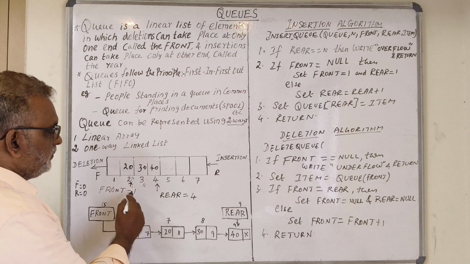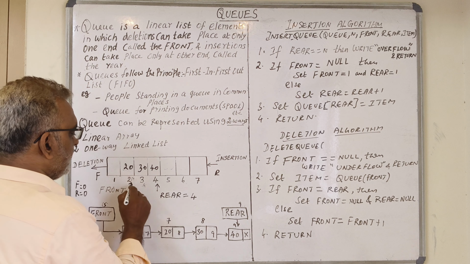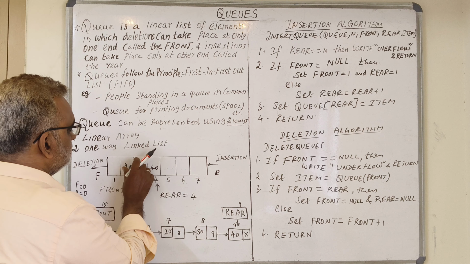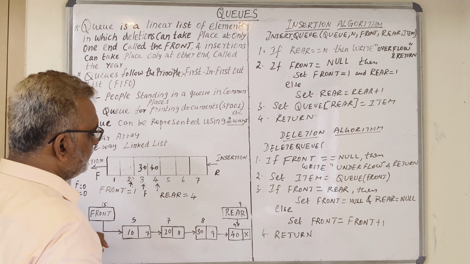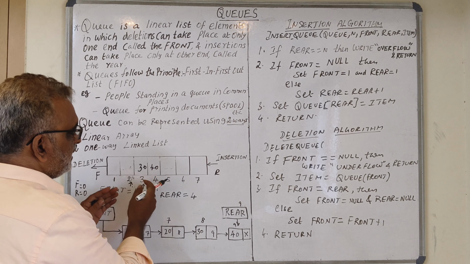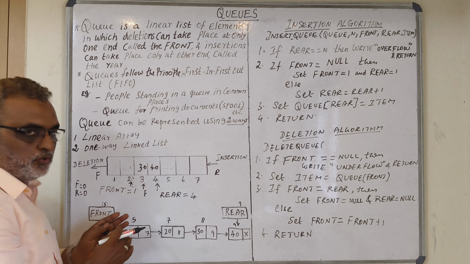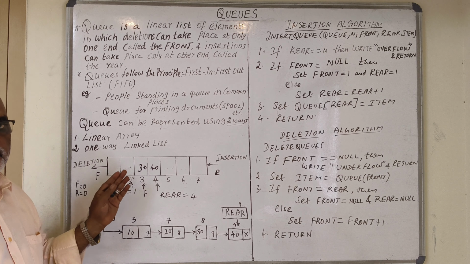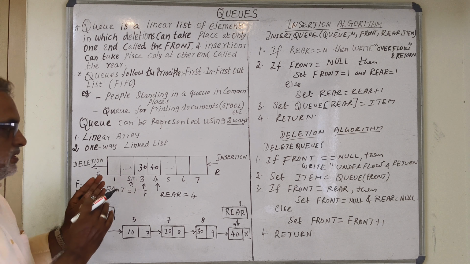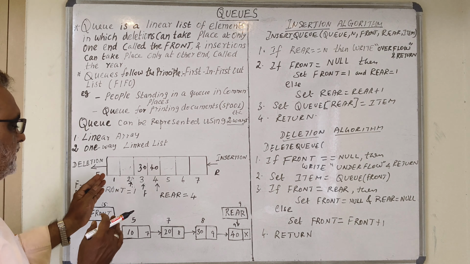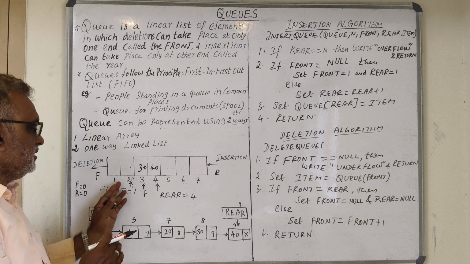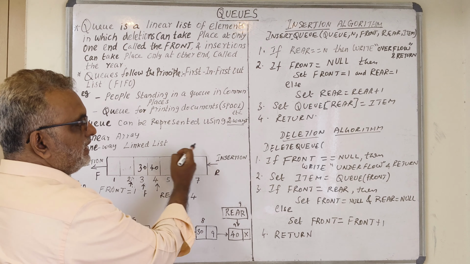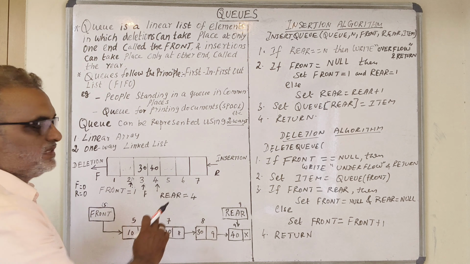Similarly, if we delete another element, the front will move to the next location, that is 3, and so on for the next element. Whenever we delete an element from a queue, we have to increment the front pointer. So we have to remember that at the time of deletion the value of front is incremented, but at the time of insertion the value of rear is incremented.